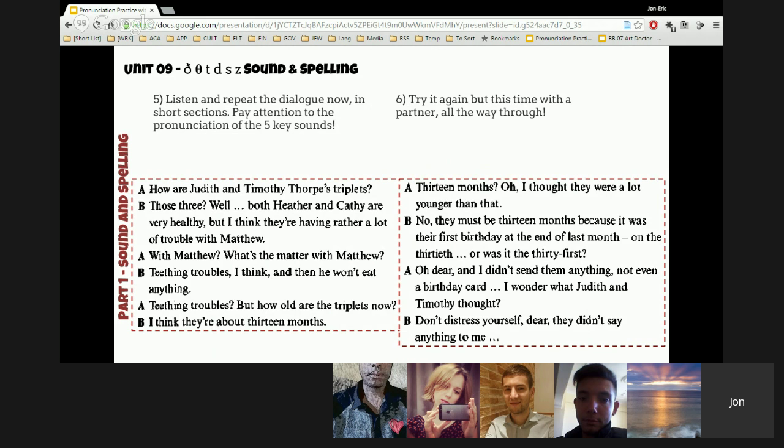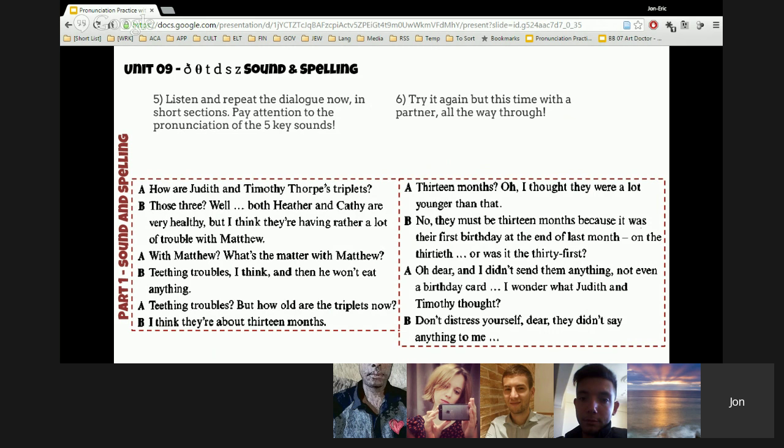Careful, it's not torp. It's thorp. Good. Triplets. Very good. So Thorpe is symbol 1, not symbol 2. Thorpe is the circle with a line through it. Timothy is also symbol 1. It's voiceless. I'm just going to say voiced and voiceless. It's a lot easier.